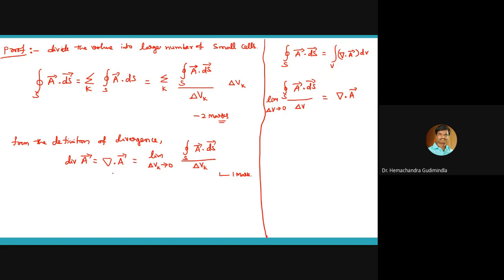Now here, the integral over the closed surface of A bar dot dS bar equals sigma k of the integral over S k of A bar dot dS bar.